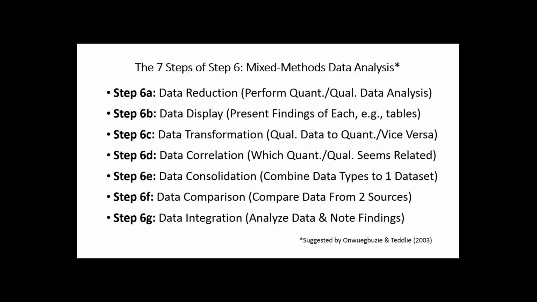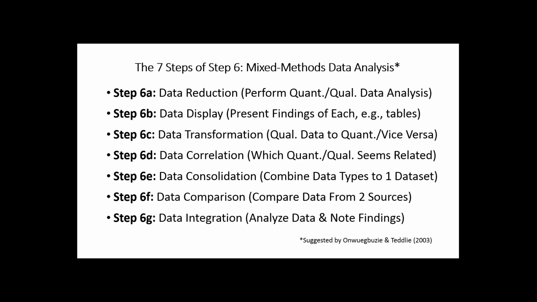So here we go. There were 7 steps. I guess the magic number is 7 these days. There were 7 steps for the mixed method study. There's also 7 steps in data analysis for the mixed method study. So this is one step, step 6, and it's also broken up into 7 smaller steps.